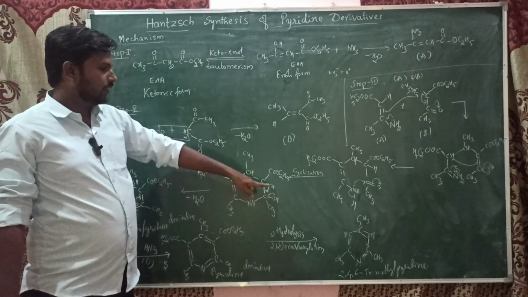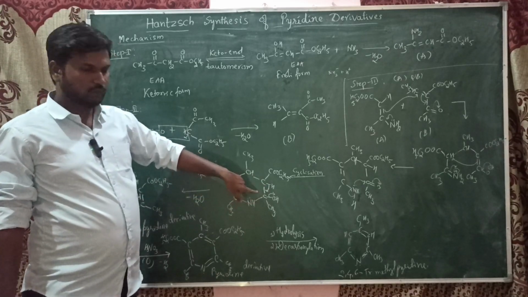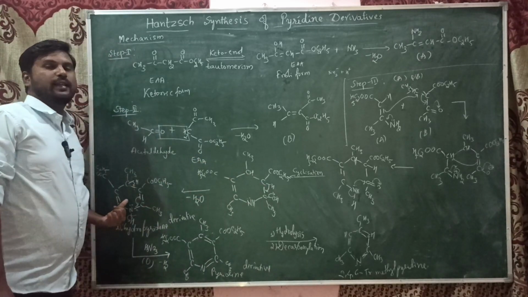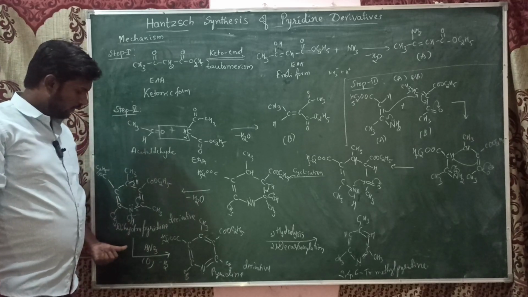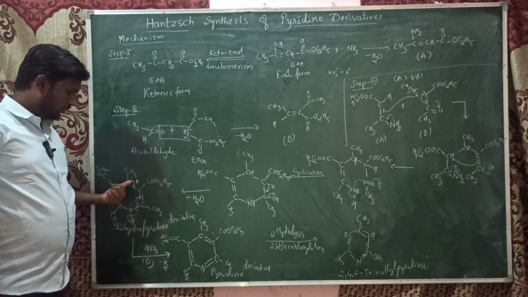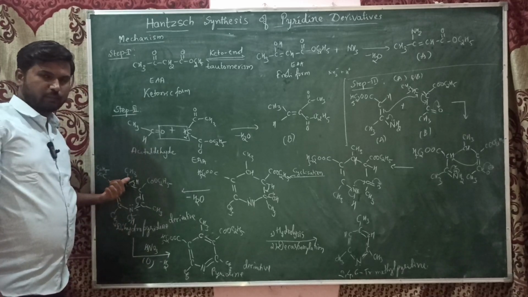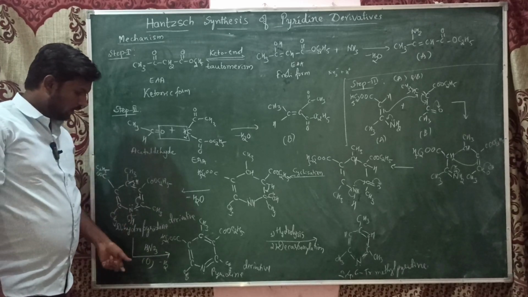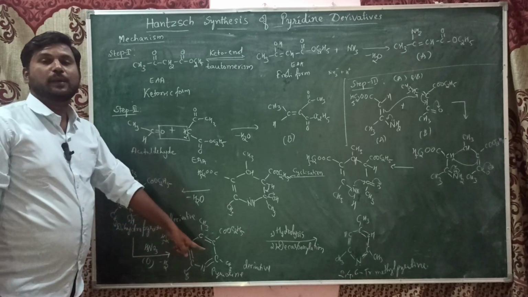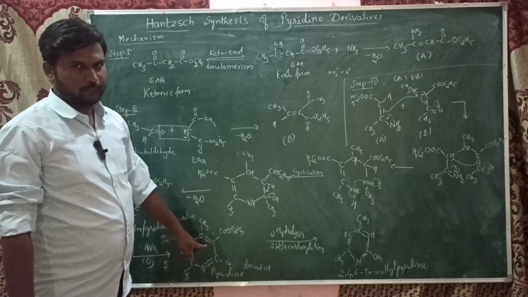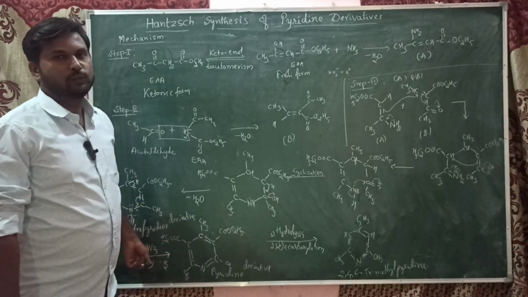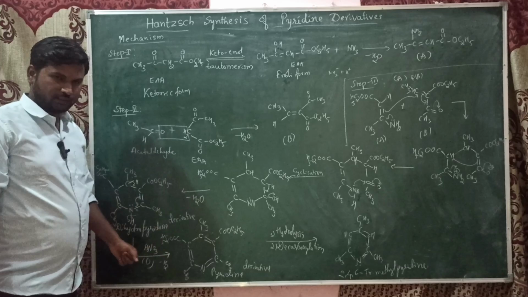Here the removal of a water molecule will give us a dihydro derivative of the pyridine. This dihydro derivative has an extra hydrogen at the nitrogen and at carbon number 4, which has to be removed, forming a complete aromatic ring, and that will be the pyridine derivative by dehydrogenation or oxidation.